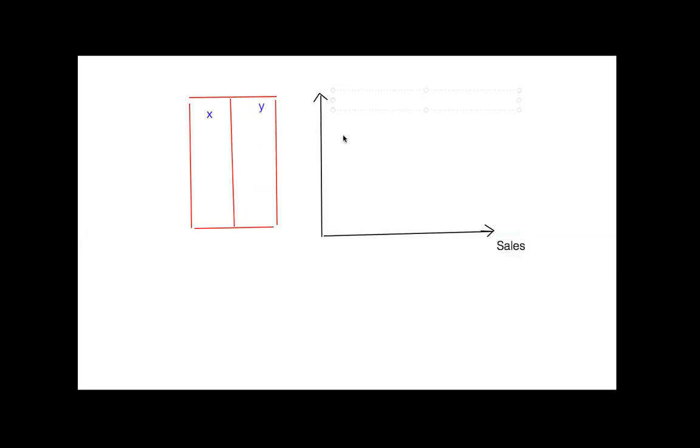Now, let's say you have a data set and you are plotting a graph, and the graph somewhat looks like this. These are the different data points.